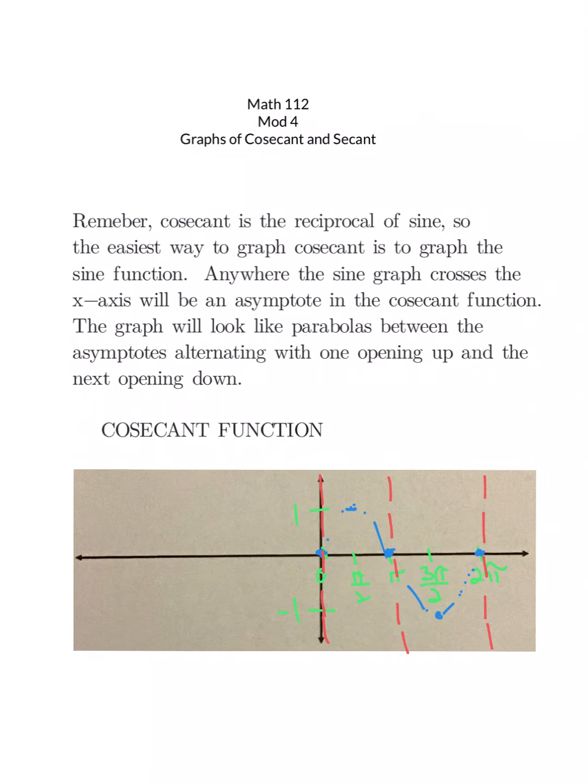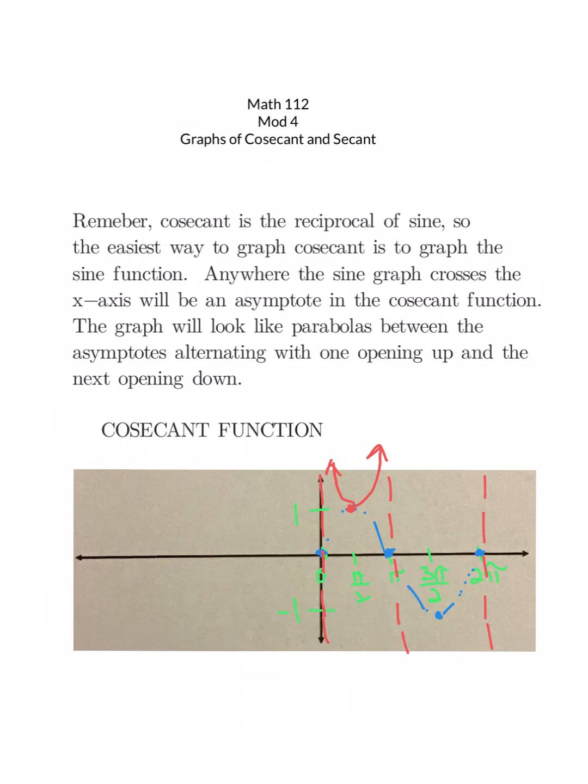So now, where the sine graph went up, you will have a value of 1 for the cosecant. But instead of opening downward like the sine function does, the cosecant opens upward because the smallest value that it can have is 1. But it must stay between the asymptotes.